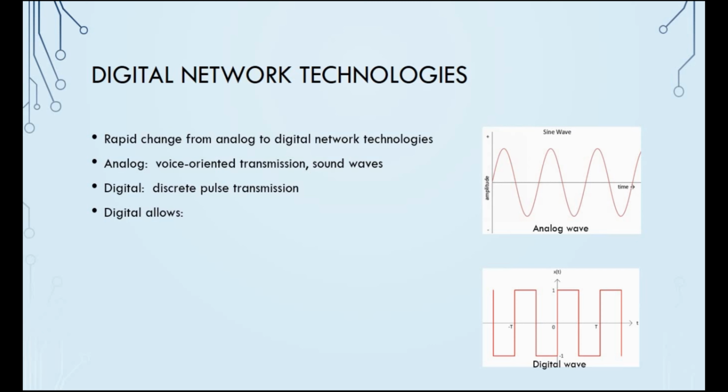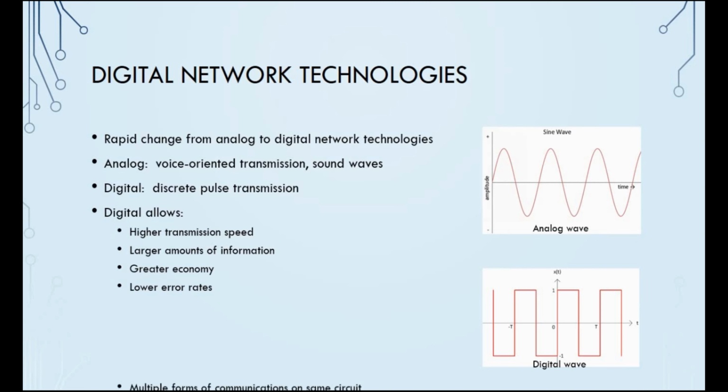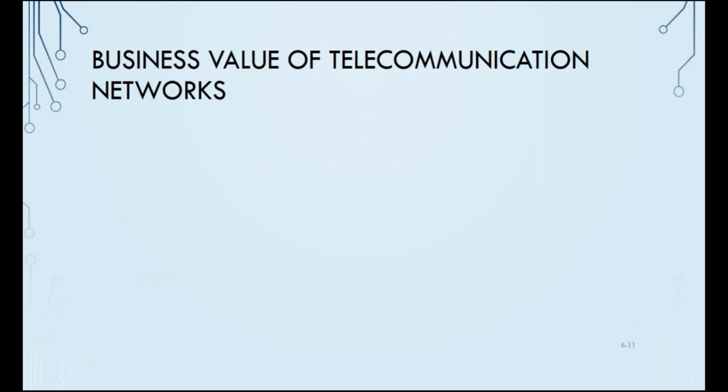Digital is also lower in error rate, and digital instruments are free from observational errors. So digital allows high transmission speed, larger amount of information, greater economy, lower error rates, and multiple forms of communications on the same circuit.